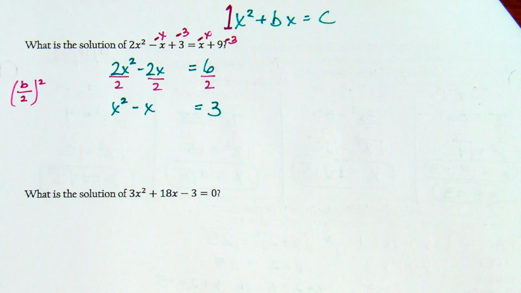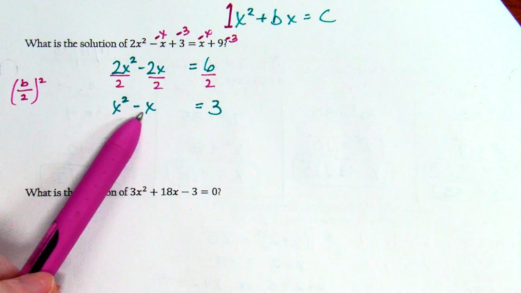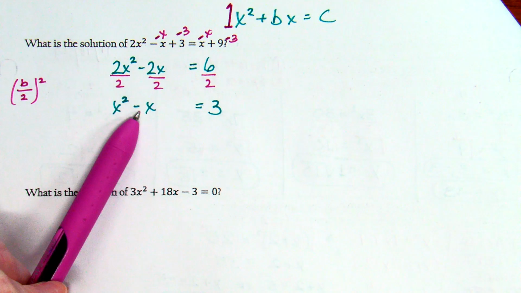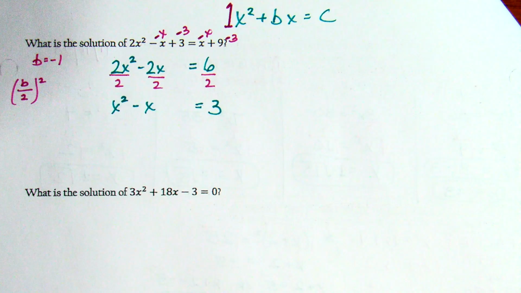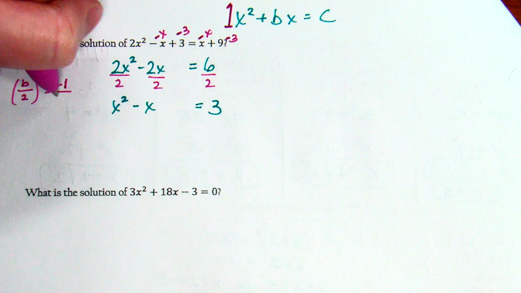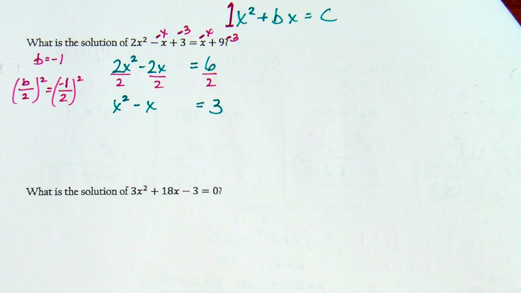What is my b currently? In this equation, my b value is the invisible 1, or negative 1 there. So b is negative 1. So I'm going to do negative 1 divided by 2 quantity squared. What is negative 1 divided by 2?